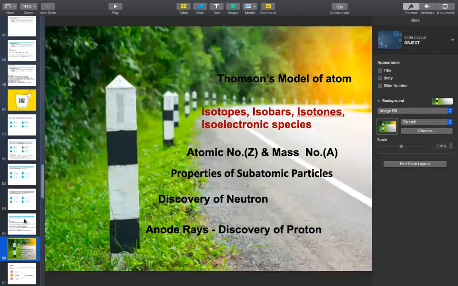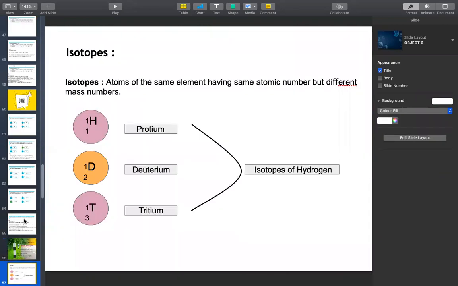Now what are isotopes? We will discuss a little bit about isotopes. We have already learned this in class 9th. Again I am discussing: atoms of the same element having the same atomic number but different mass number. Any doubt in this page, in any representation of atoms? Isotopes are represented like this: 1H1. Is this representation right or wrong? 2 at the bottom, 1 at the top. It is a wrong representation. 2 should go on the top, 1 should be at the bottom.